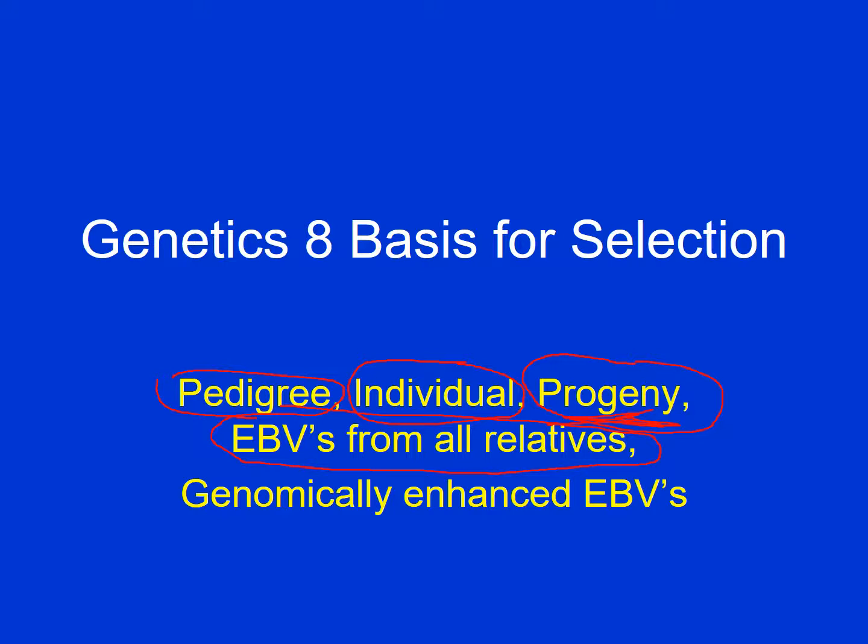And getting a little more modern now, we can do DNA tests on individuals and genomically enhance their EBVs. So that's what this little video is going to be all about. We'll start off first by looking at pedigree selection.